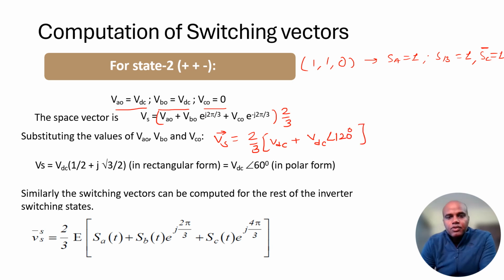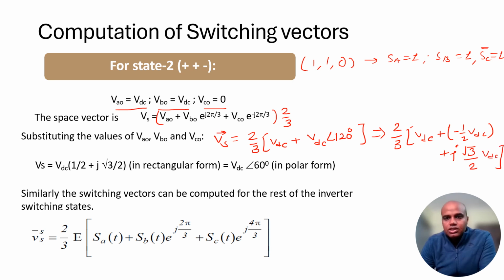and then the operator, which is at an angle of 120 degree. So this is 2 by 3 VDC, and plus opening this, VDC cos 120 becomes minus 1 by 2, so minus 1 by 2 VDC, and plus j sin 120 becomes root 3 by 2 VDC.